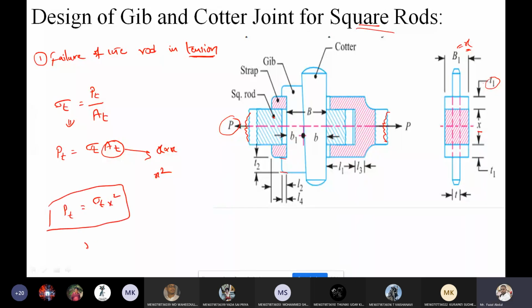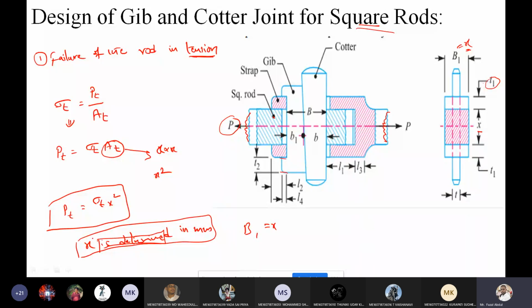With this equation, x is determined in mm. Because this is the derivation, I am writing that x is determined with this equation. If it is a numerical problem, you have to write the x value in mm. That is the difference. Now the width of the strap, b1, we treated as the x value.